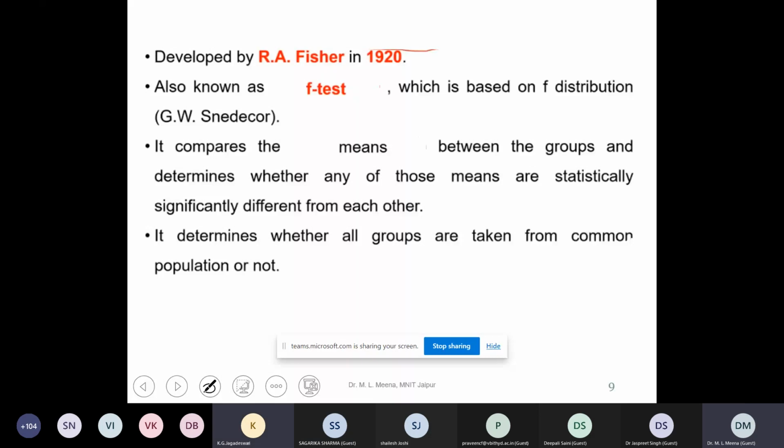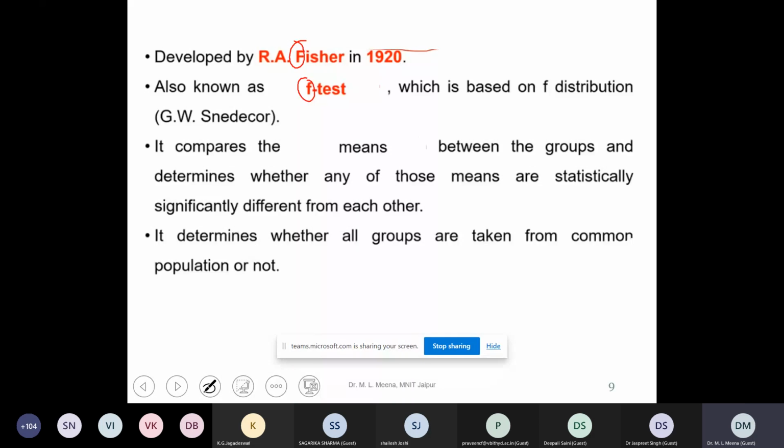So this is the basic introduction about ANOVA. ANOVA was developed by R.A. Fisher in 1920 and is also known as the F test. F test comes from the first letter of the surname Fisher, so it is called the F test.